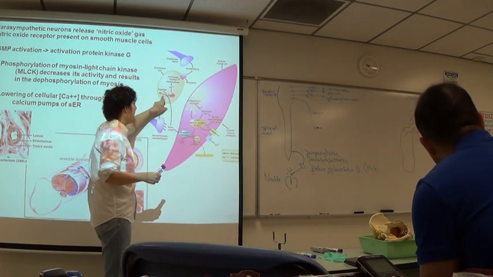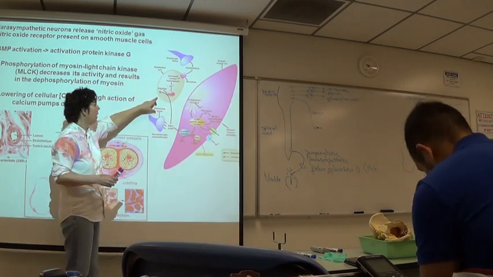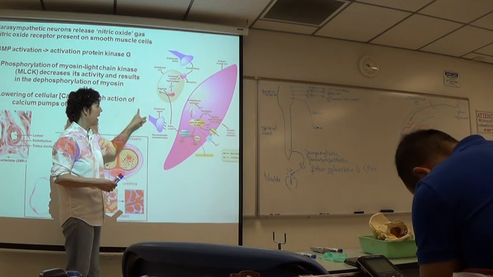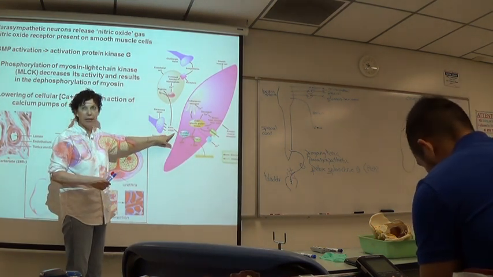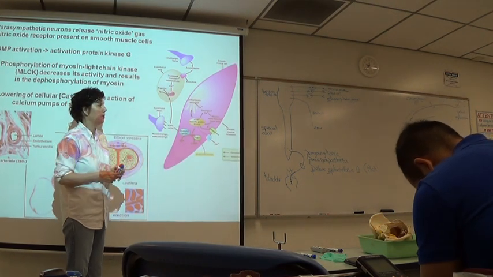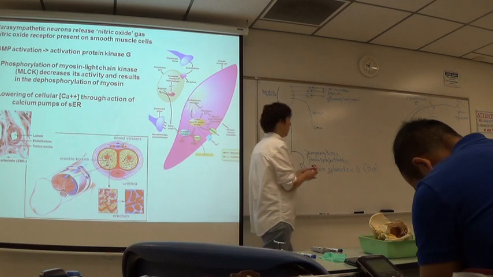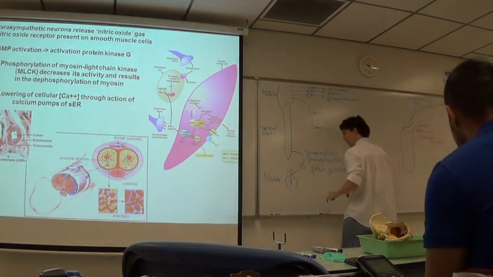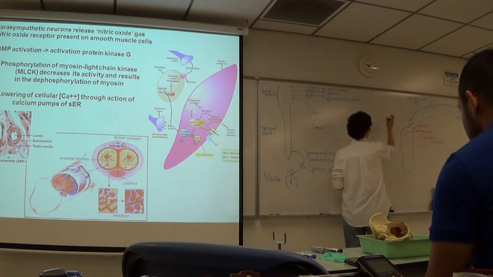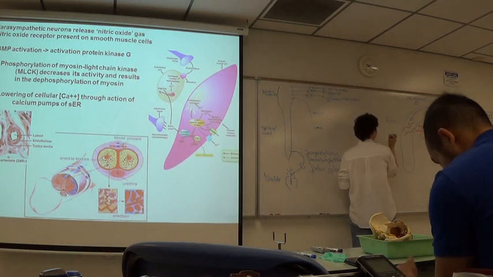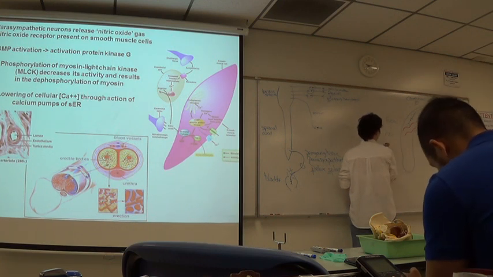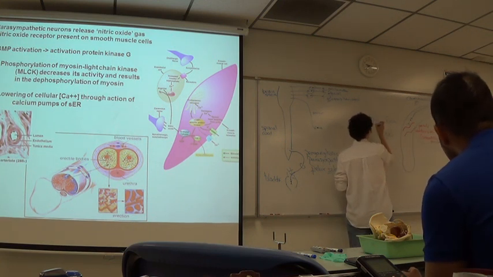The epithelial cells lining the blood vessel wall release nitric oxide, or the cavernous nerve itself can release nitric oxide. All right. So both neurotransmitters can occur. So at this point we have either acetylcholine, which results in the release of nitric oxide, or we have nitric oxide itself.